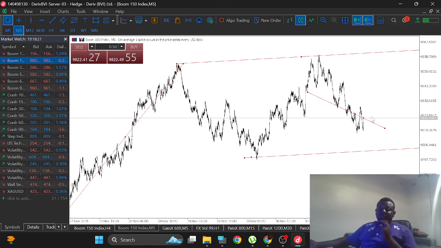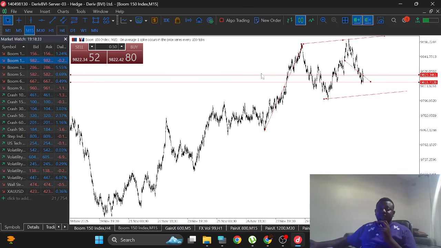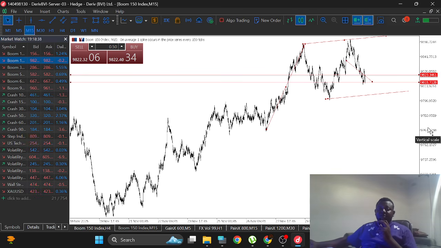So that's one confirmation. Then the other confirmation is this low and this low. Basing on this low and this low, you can see that if we move on to the 15-minute time frame, okay, MetaTrader won't allow me to zoom in.